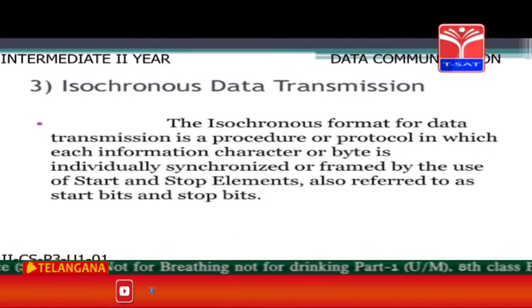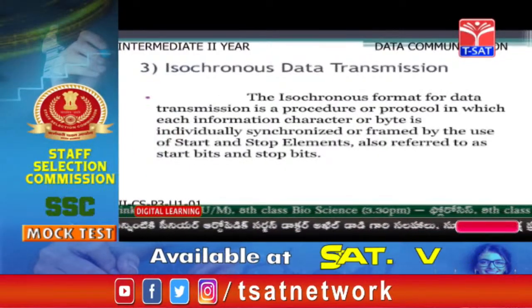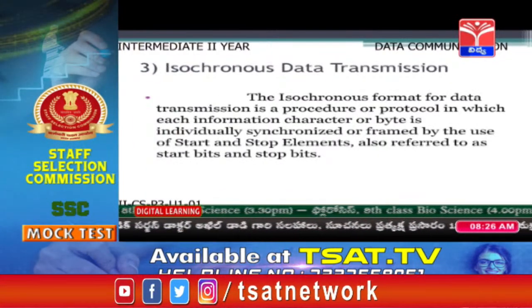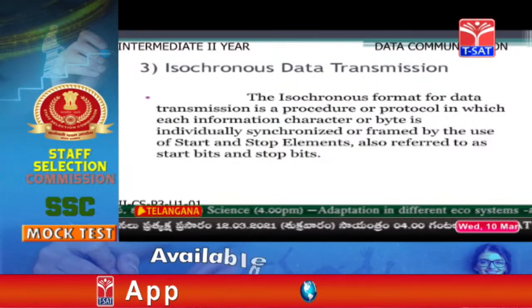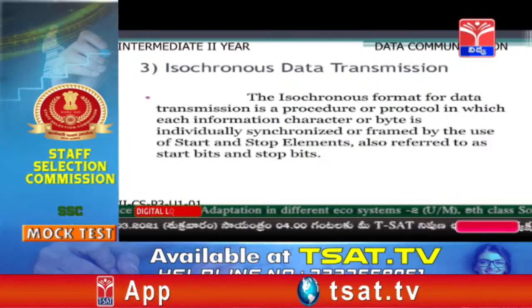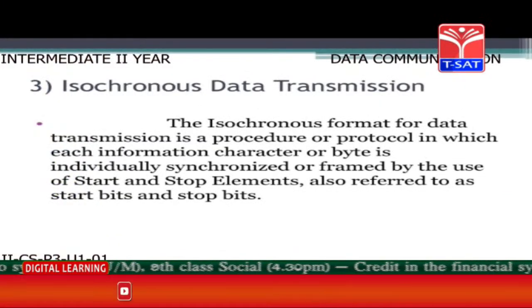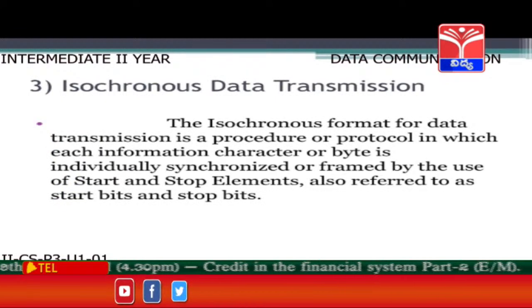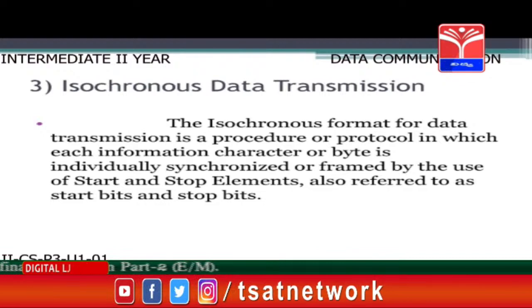Third is isochronous data transmission. The isochronous format for data transmission is a procedure or protocol in which each information, character, or byte is individually synchronized or framed by the use of start and stop elements, also referred to as start bits and stop bits.